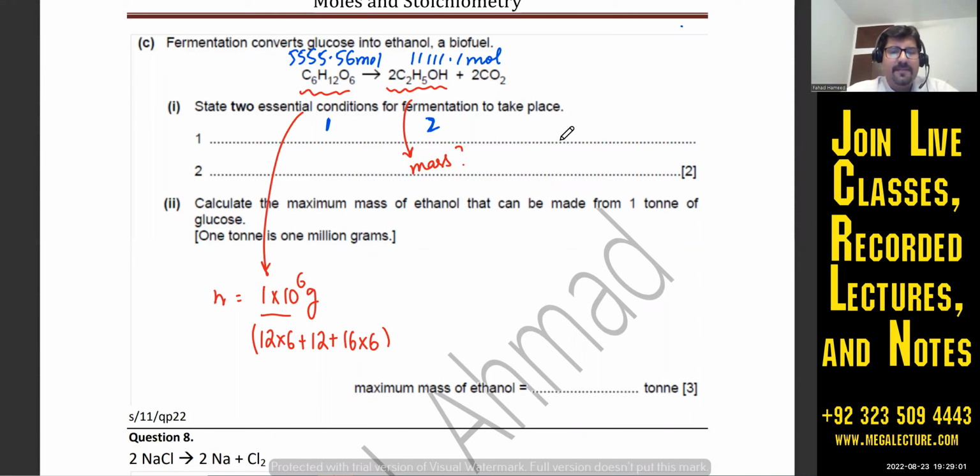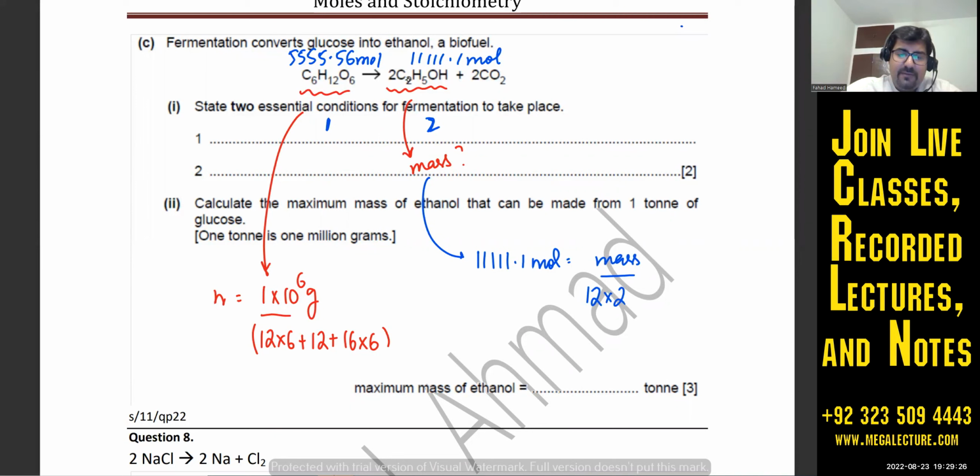It's acceptable. Achha, but anyways, that's the moles. It's 1:2, so this moles would be double. Achha, now it's easy. You have to find the mass. So you know the moles. It's 1.111 moles is equal to mass divided by the molar mass. So what is the MR of this thing? Ethanol. That's 2 carbons.